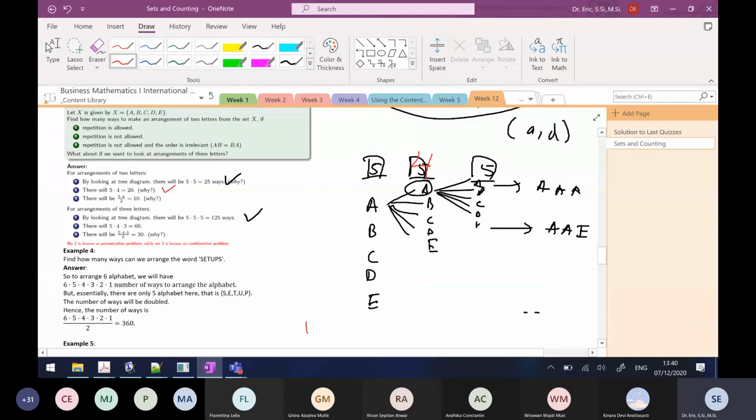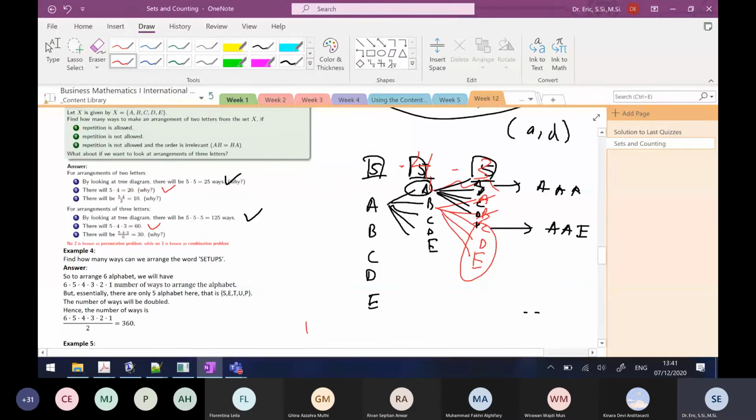You have A, B, C, D, E, but A is not allowed because it is the first letter, and B is not allowed because it's the second letter. So you are left with 3. So you have 5 times 4 times 3, which is 60.